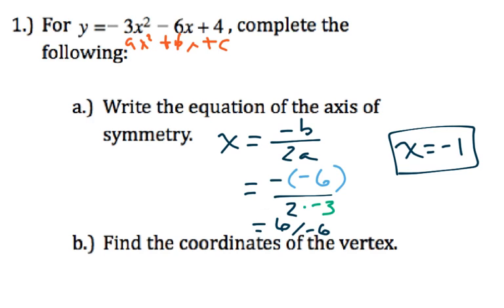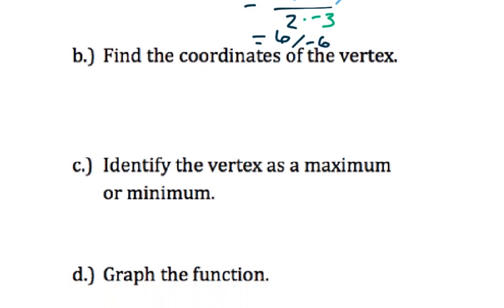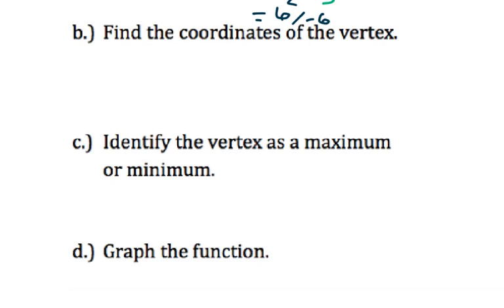Now let's move on. Find the coordinates of the vertex. So over here in red, I'm going to sketch the idea. Now maybe you realize that this opens downward, maybe you don't. But either way, I know that my vertex will occur where my graph is symmetric.